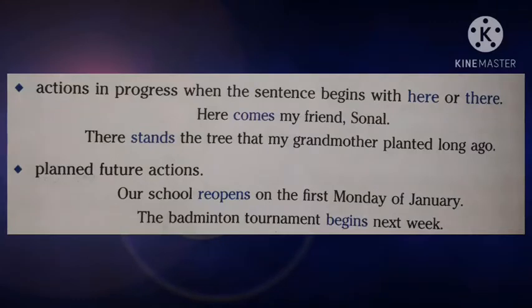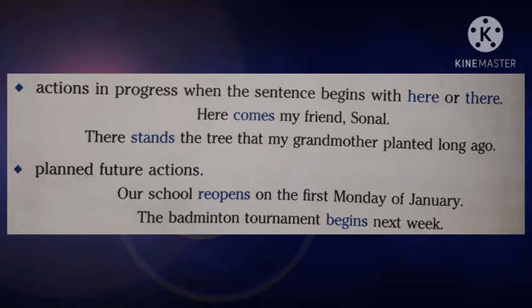We use simple present tense to refer to actions in progress when the sentence begins with here or there. For example, here comes my friend Sonal. There stands the tree that my grandmother planted long ago. We use simple present tense to refer to planned future actions.